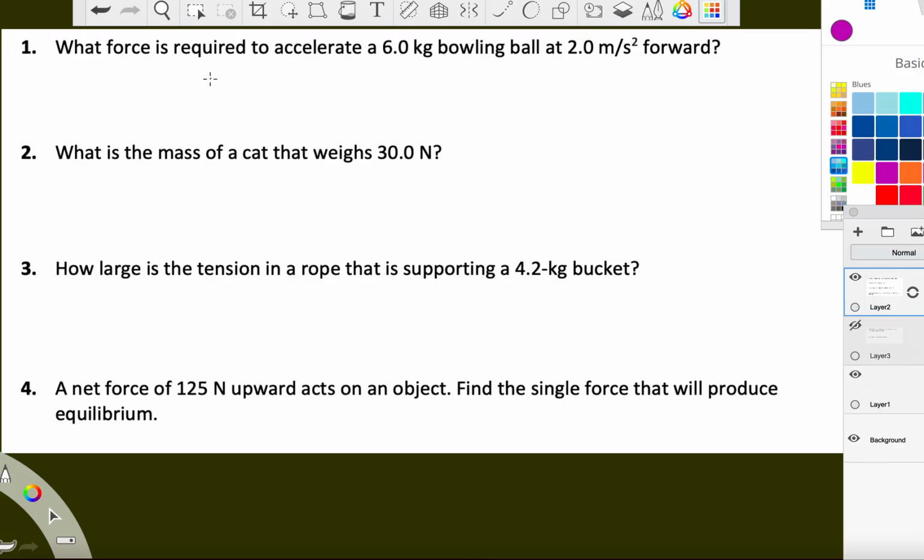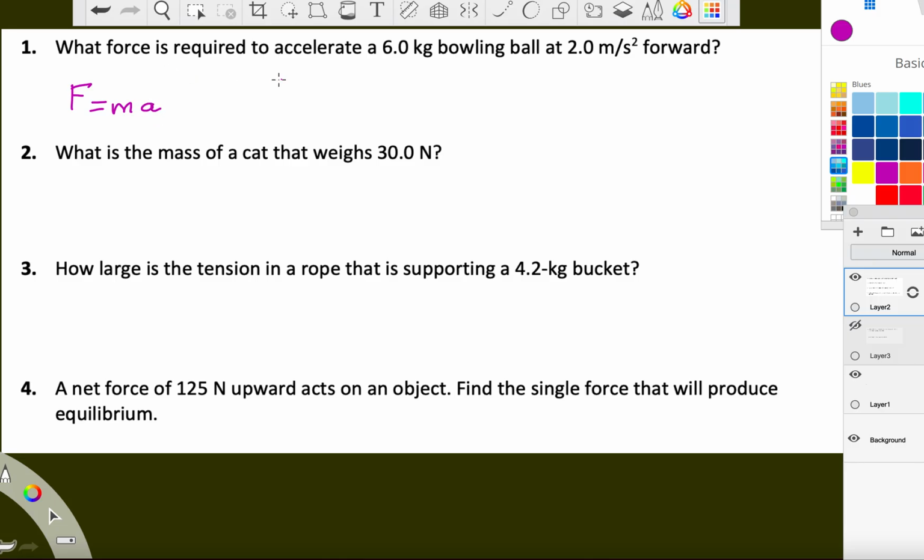So here we go. What force is required to accelerate a 6-kilogram bowling ball at 2 meters a second squared forward? And like I said over and over again, force equals mass times acceleration.